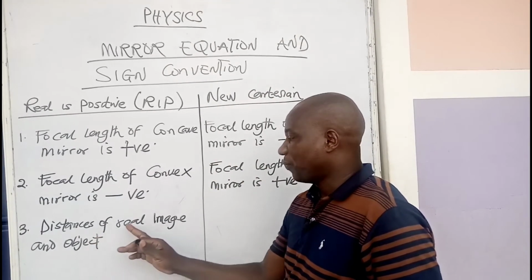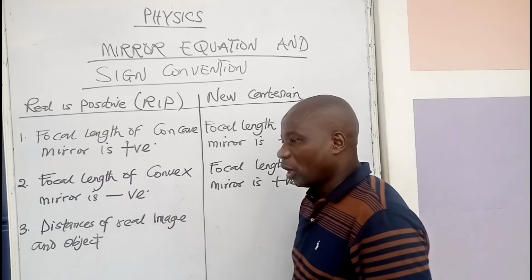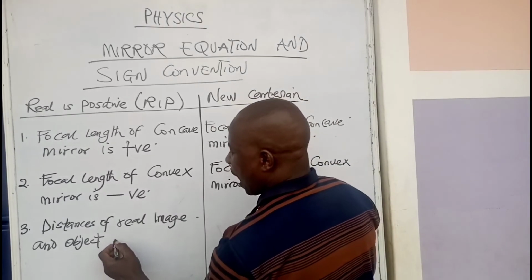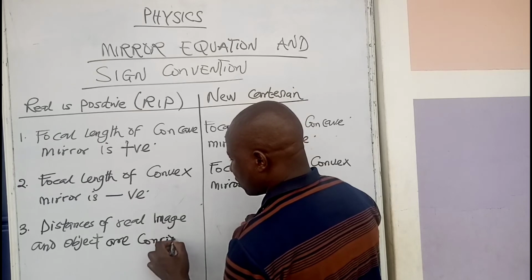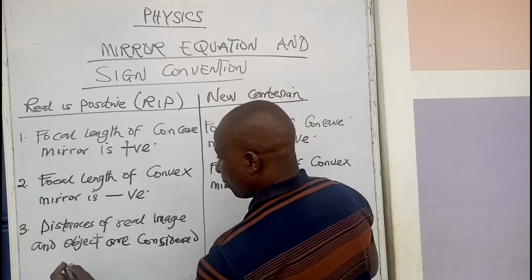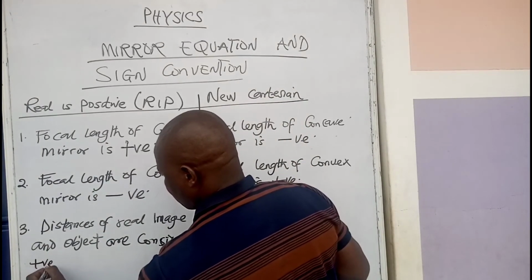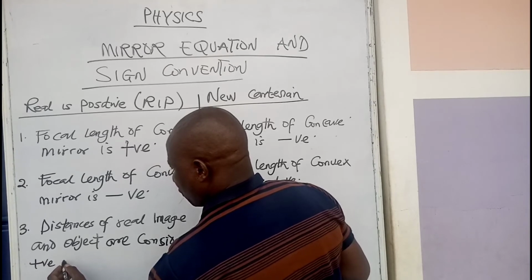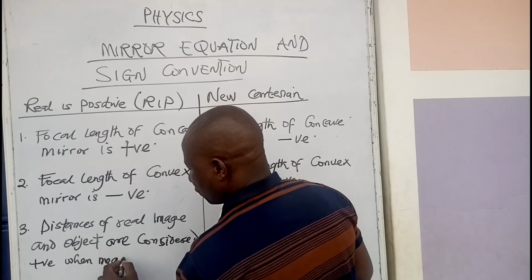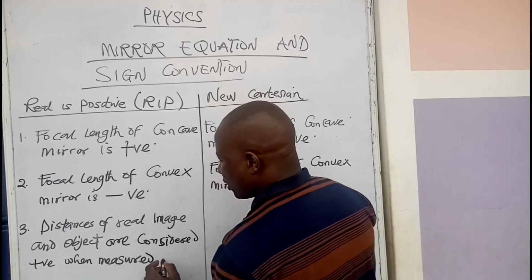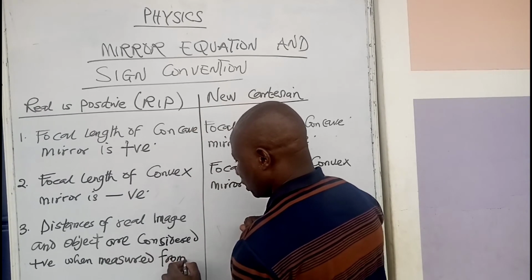Distances of real image and object are considered positive when measured from the mirror.